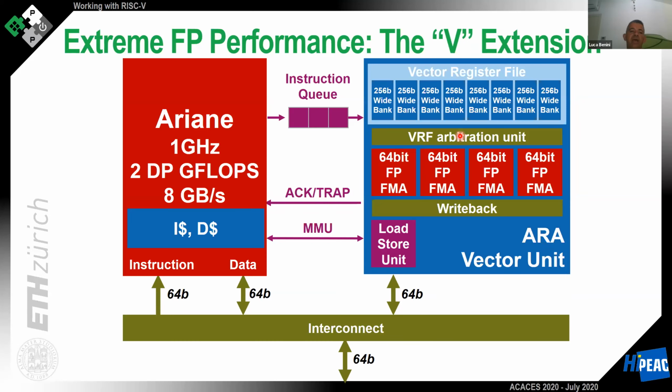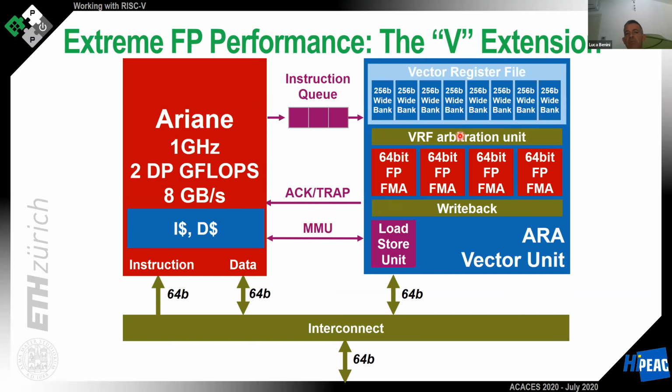A vector unit, as a refresher from your computer architecture classes, is an array of capable floating point units. Here I put double precision floating point, but they can also support the smaller bit widths, with a very large, multi-banked vector register file that will feed the operands to the lanes of your design.